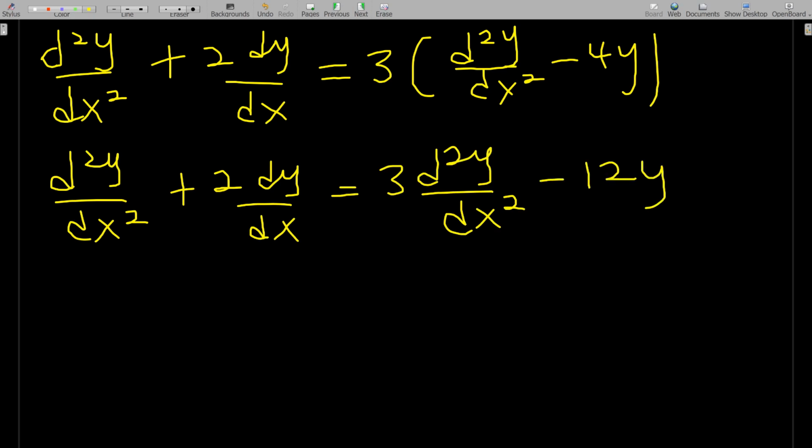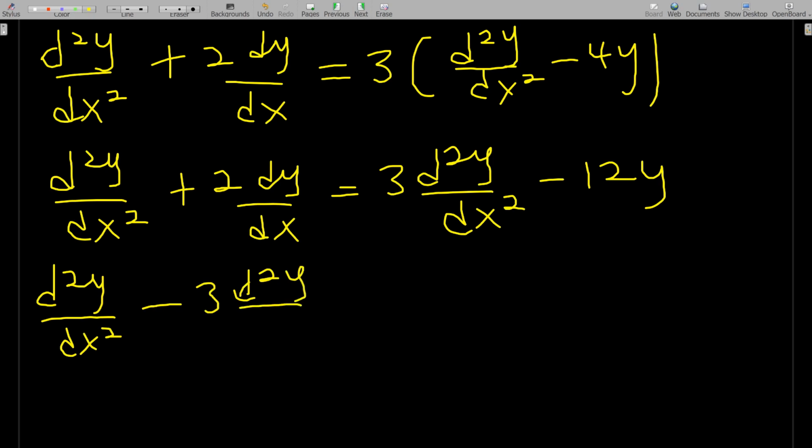Now I send everything from the right to the left. So I have d squared y ds squared minus 3 d squared y ds squared, then plus 2 dy dx, then plus 12y is equal to 0.